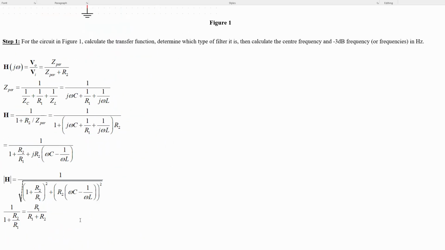So this ends up being a bandpass filter because it allows a frequency band in the middle range to pass through while shorting out the really low and the really high frequencies.